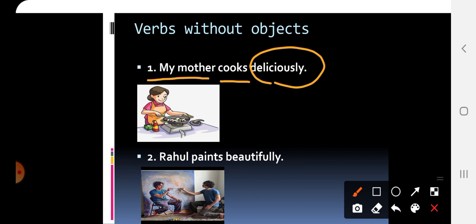Second sentence, Rahul paints beautifully. In this sentence, Rahul is the subject, paints is a verb, and there is no object in this sentence also, as beautifully is an adverb only.